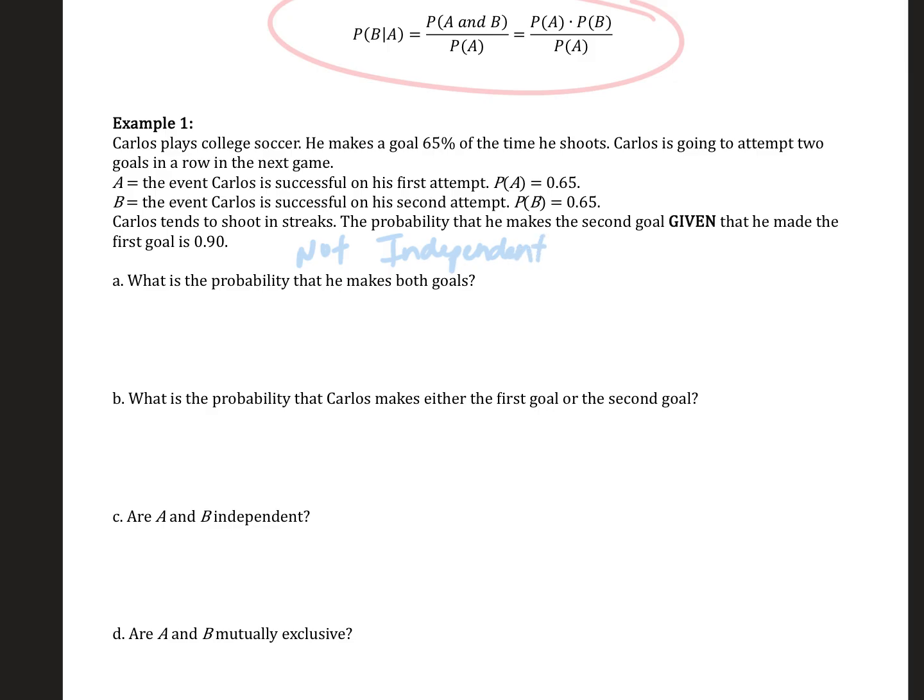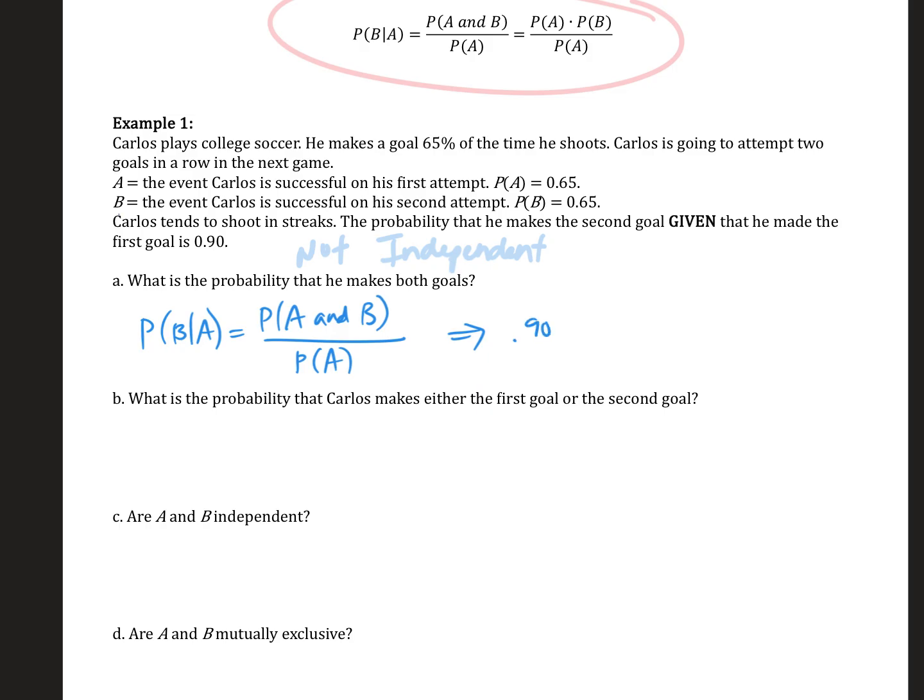What is the probability that he makes both goals? So the probability of B given A is the probability of A and B divided by the probability of A. The probability of B given A is what? 0.9.